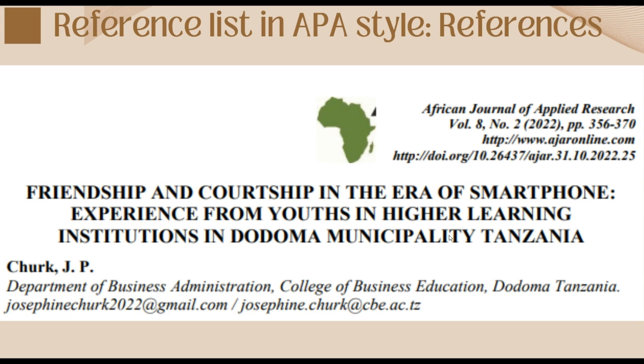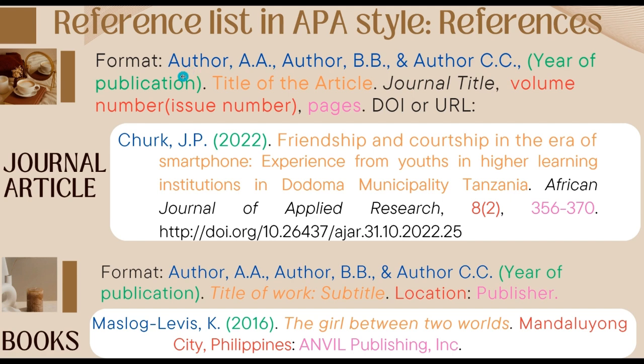In making a reference list, all of the information that we need is shown or included at the very first page or at the very beginning of the source. This is an example of a journal article, and this is the first page. I made a reference to the source that I made an example of earlier.